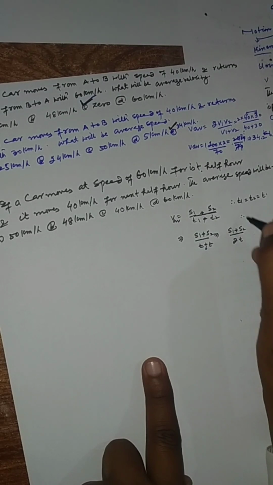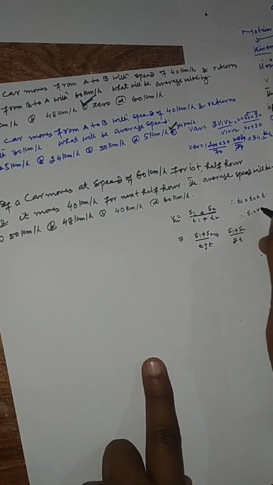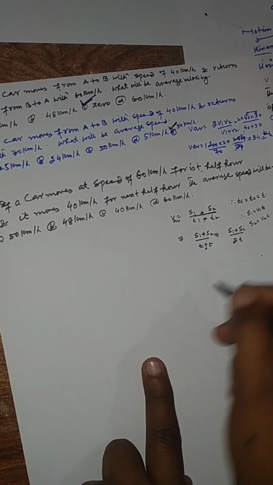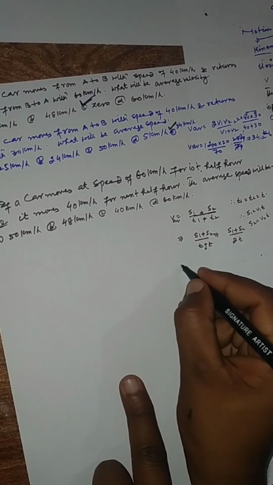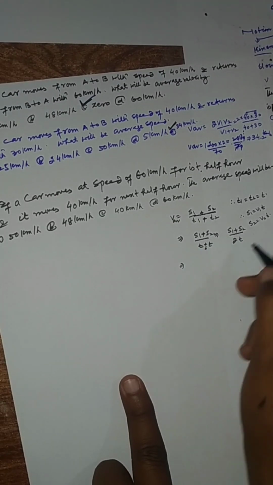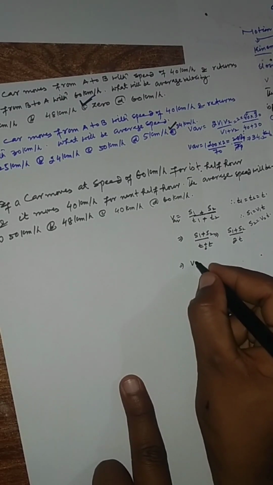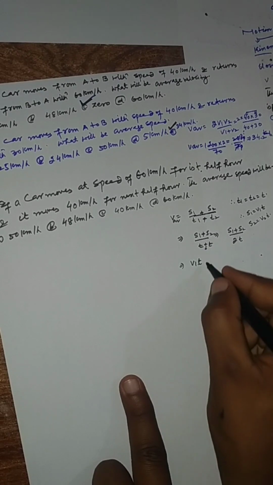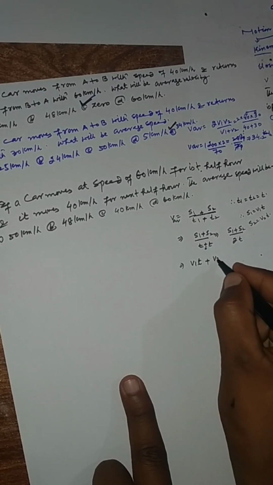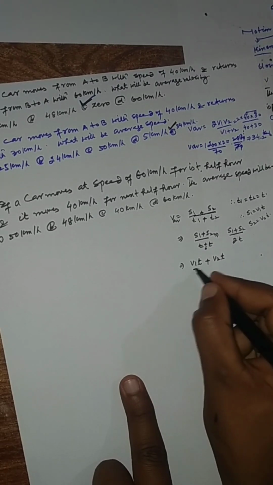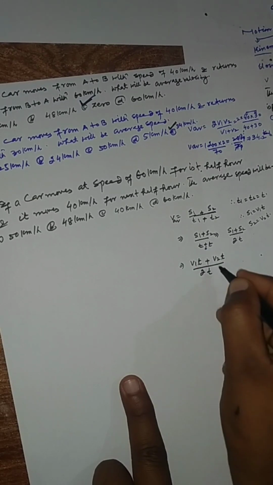But it moves for the distance s1 with velocity v1 into t1, but t1 equals t, and s2 equals v2 into t. By putting this in place of s1 and s2, this one will be v1 into t plus v2 into t over 2t.